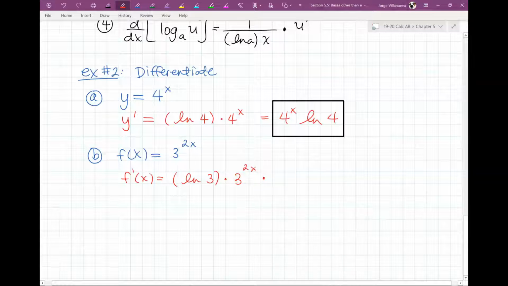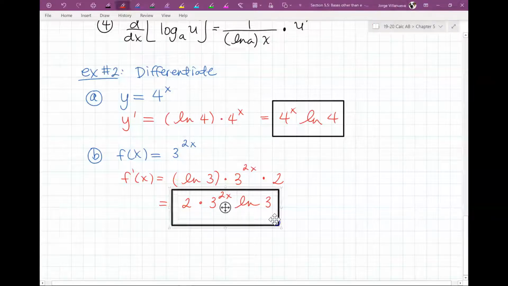For me, u is 2x, right? That's the function up there. So the derivative of 2x is 2. Okay? So the way I would probably write the answer for this, I would just write 2 times 3 to the 2x ln of 3. So kind of messy, but that's our solution.